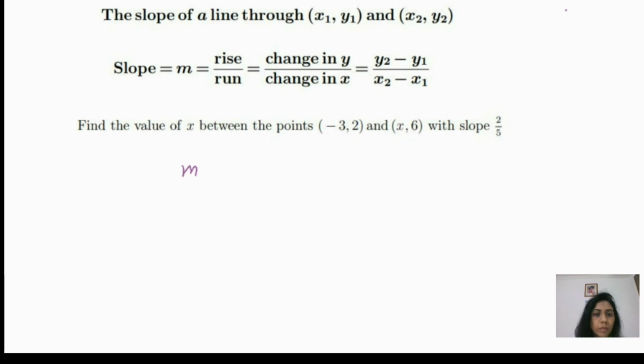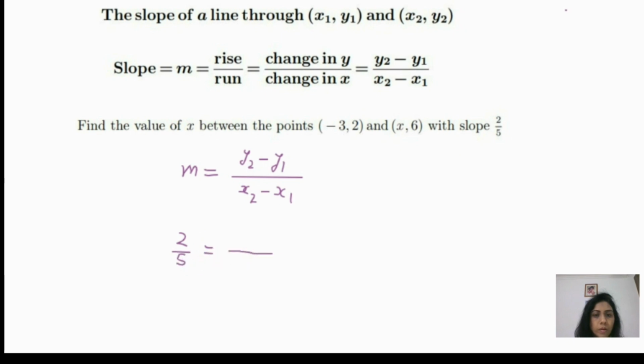formula we will use: slope, or m, equals y2 minus y1 upon x2 minus x1. Okay, here we can put in all the values given. The m value, it means the slope, is 2 upon 5.